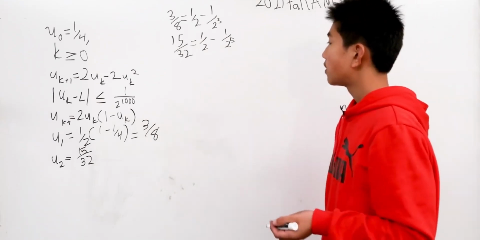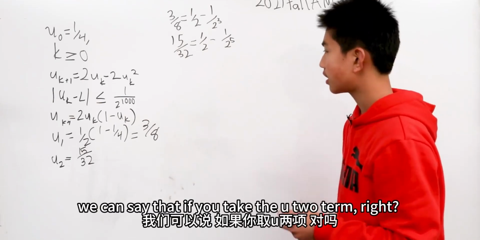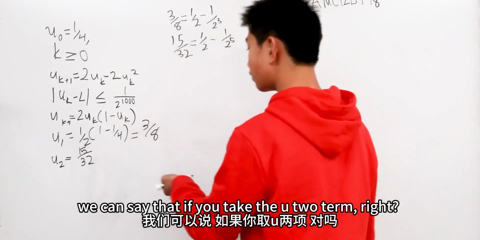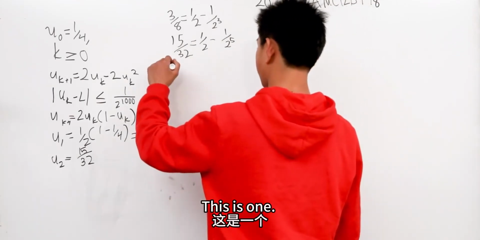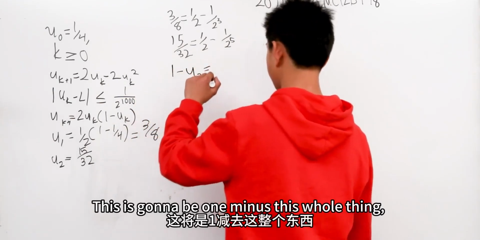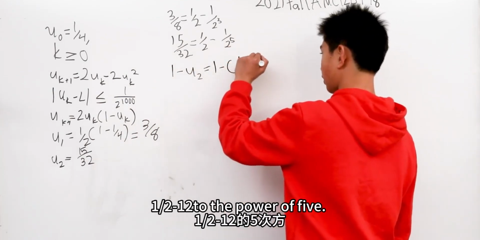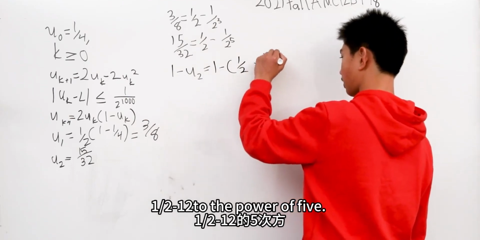And since we know that this is true, we can say that if you take the u2 term, and do 1 minus u of 2, this is going to be 1 minus this whole thing, 1/2 minus 1 over 2 to the power of 5.